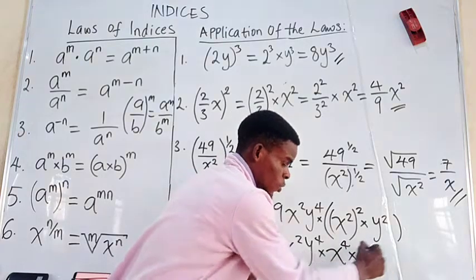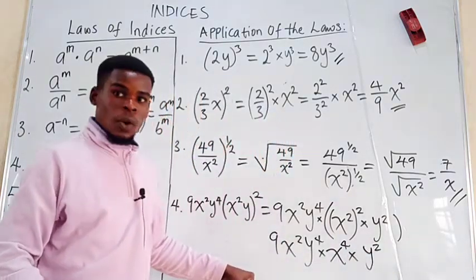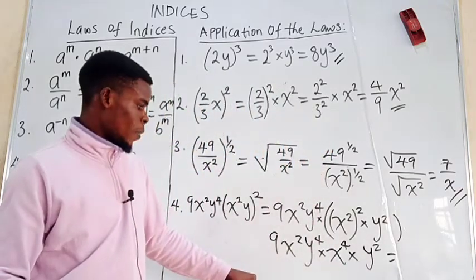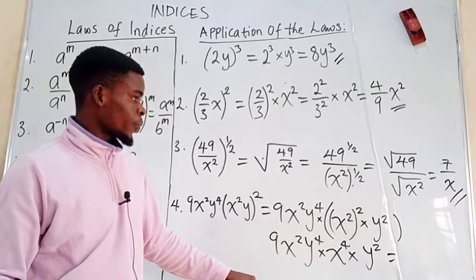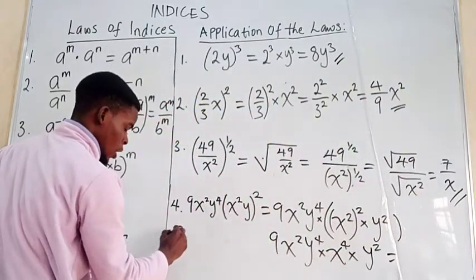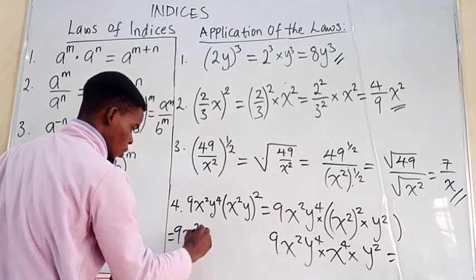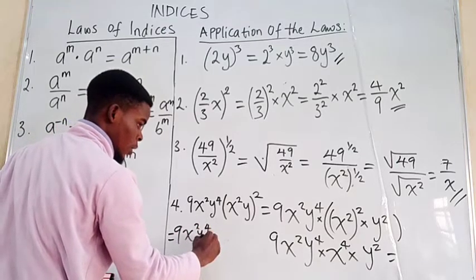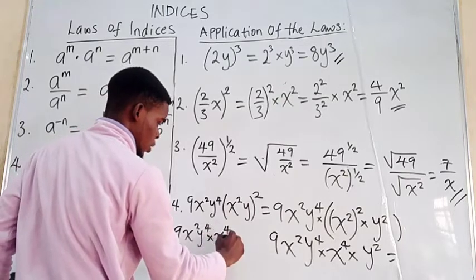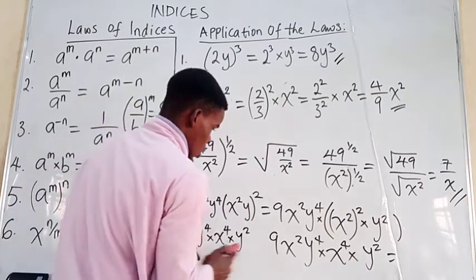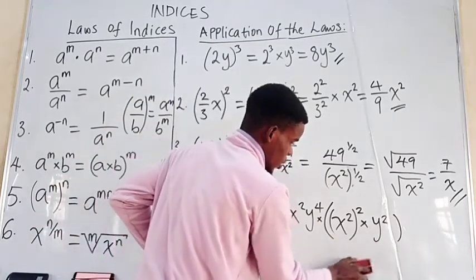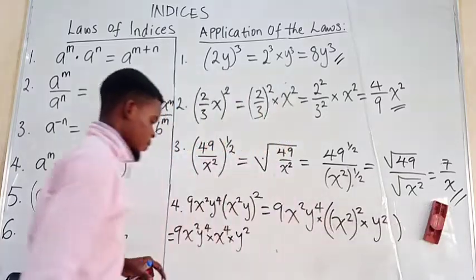Times y to power 2. Okay, so all in all, let me write this down here. 9x squared y to the power 4 times x to the power 4 times y to the power 2. I'm just rewriting what I'm cleaning now, because I still need a little bit of space.